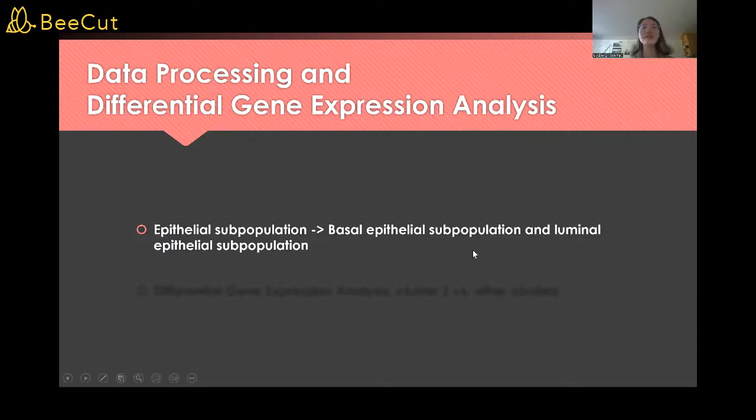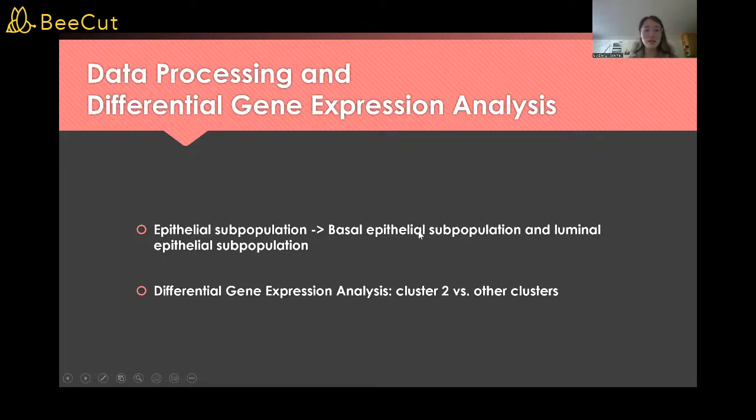Also, cluster 2 is isolated with the threshold of average expression greater than or equal to 1 in at least 3 markers from the top 10 markers that characterize cluster 2. Then the differential gene expression analysis is performed between cluster 2 and other clusters in all of the 3 subpopulations.